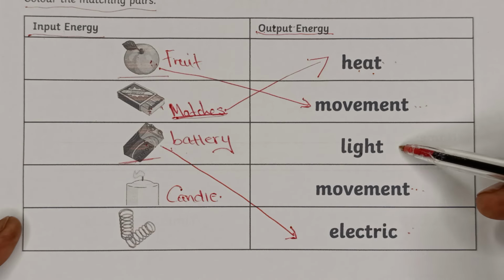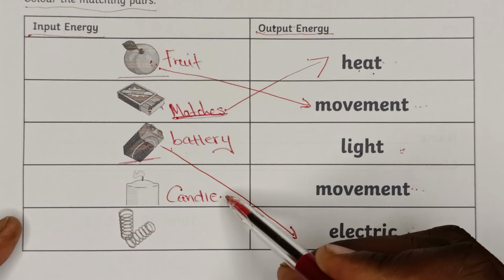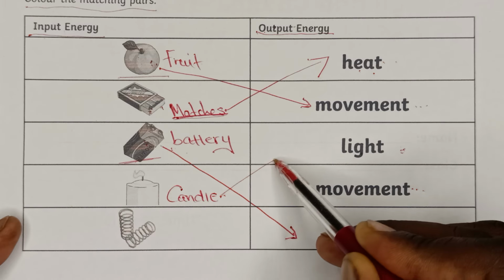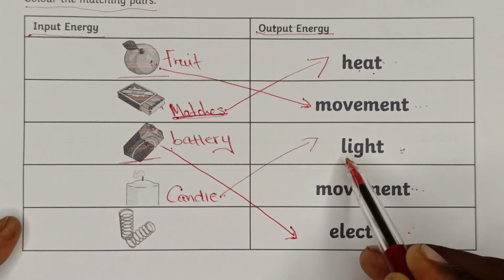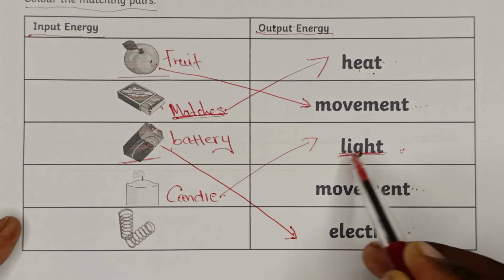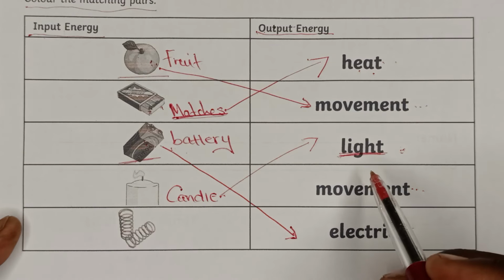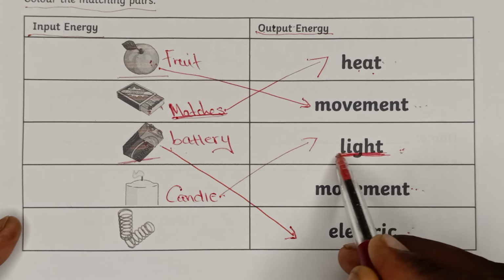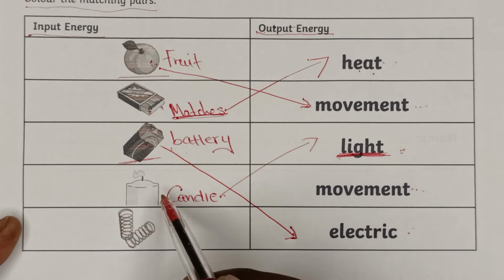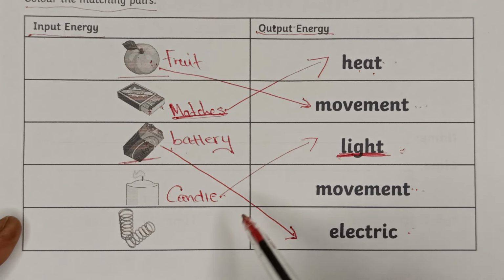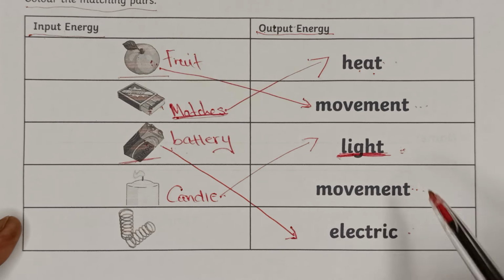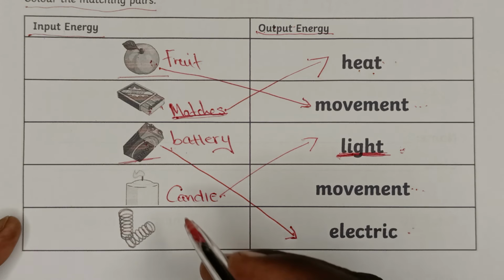No. So which one is the correct one? It's light. We light candles so we get light. We don't light candles to get heat, but we use candles to light up our houses. So the output energy that we get from a candle is light. All right, we move on.